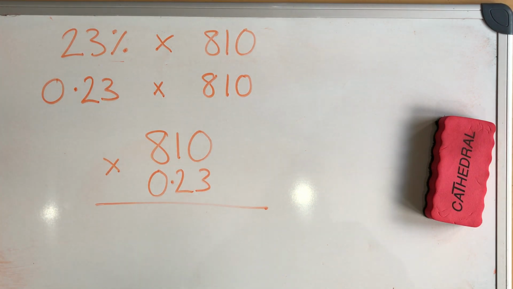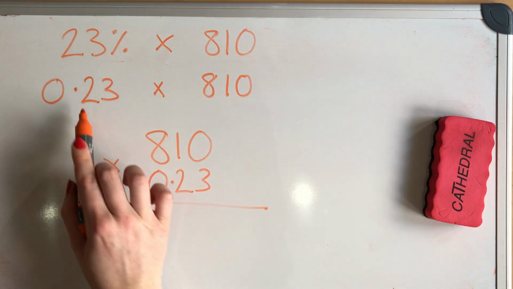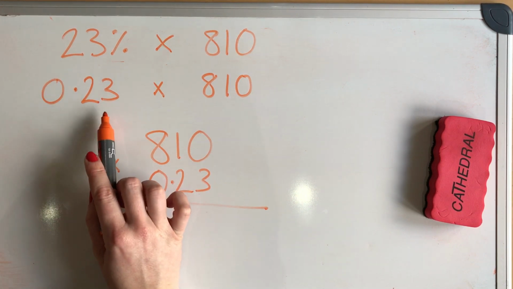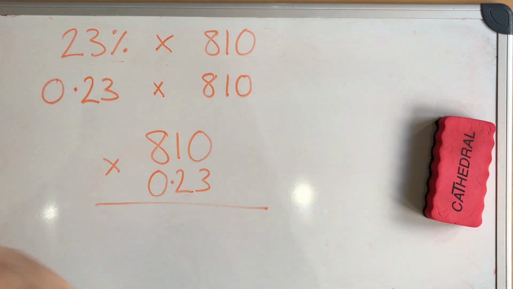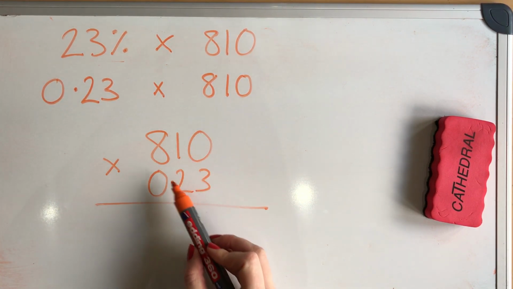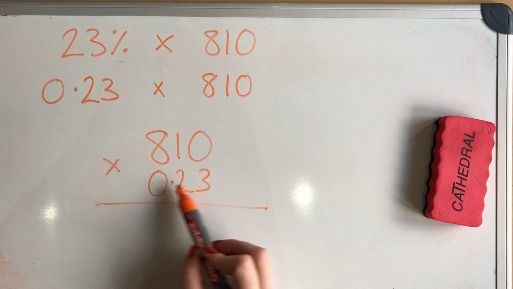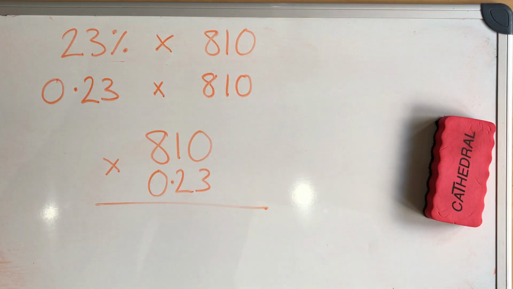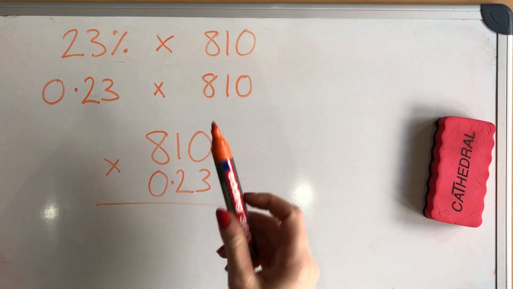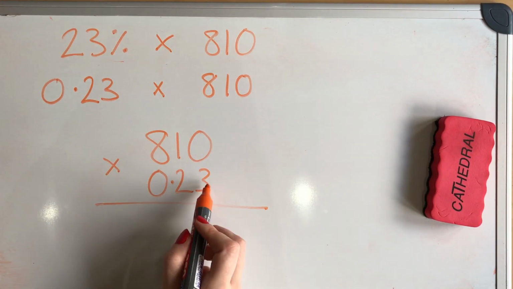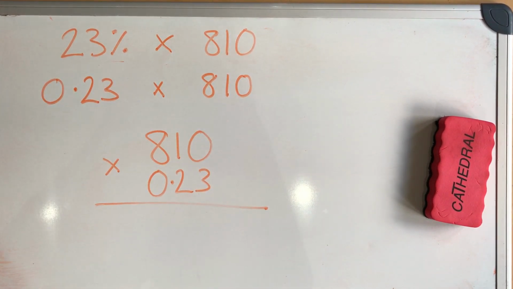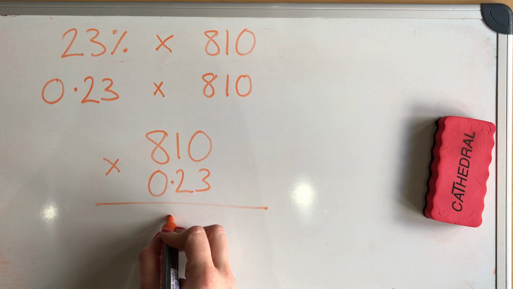Now, you'll notice that I could have multiplied 0.23 by 100, and then divide by 100 afterwards. But actually, this is a little easier. If one of your numbers is a decimal, then I'd say actually it's fine to use your column multiplication. So I just need to make sure that my last digit is in line with my last digit of the other number. So put my decimal point in.